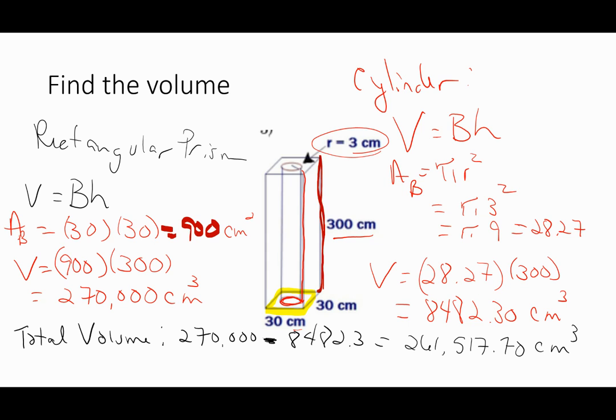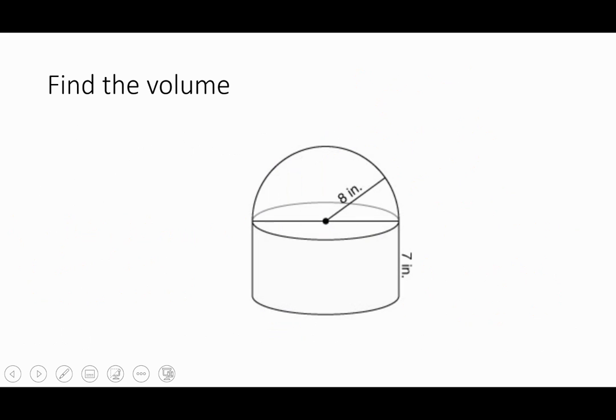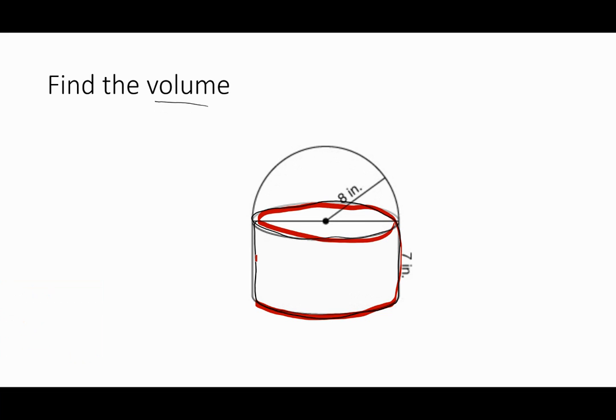So this is the volume of composite figures. Taking a look at this one here, it tells us that we need volume. So we have two figures, and the bottom one right here, I'll use a different color, is a cylinder.